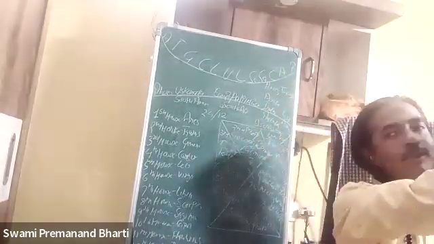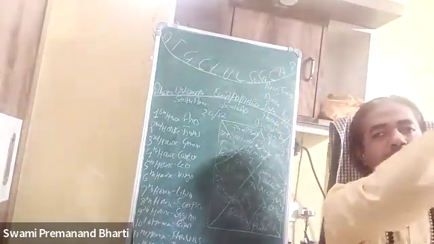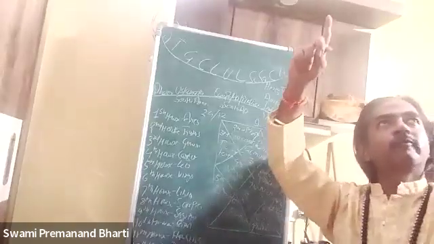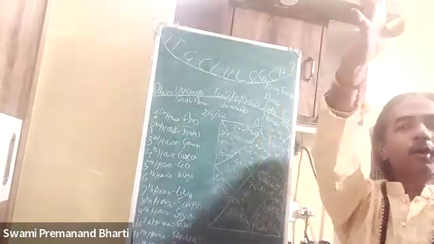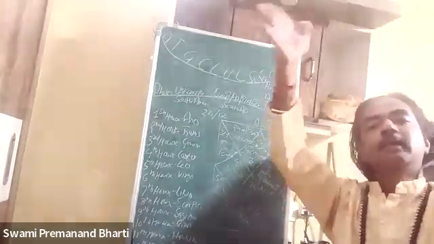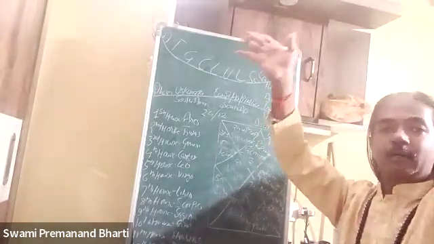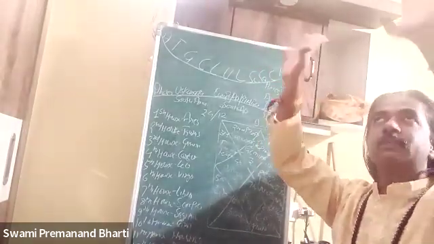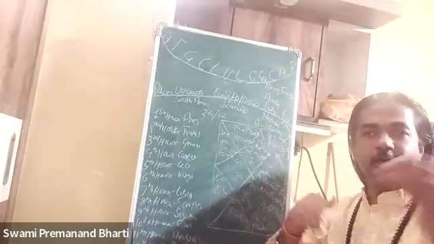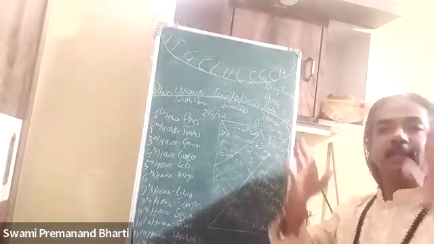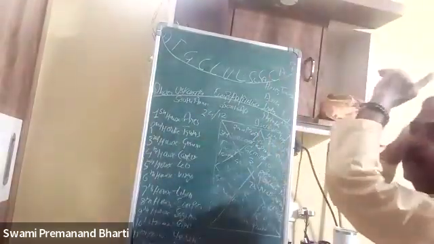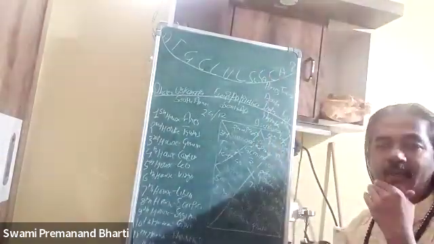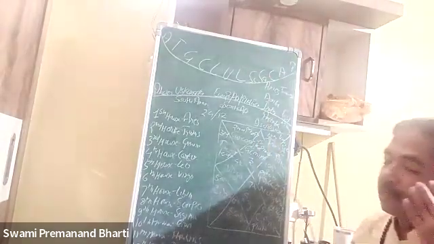Let's call this portion of the sky Aries. Then the second portion, a group of stars making the shape of a bull, let's call it Taurus. The third area of the sky is making the shape of a man and woman. Let's call it Gemini.